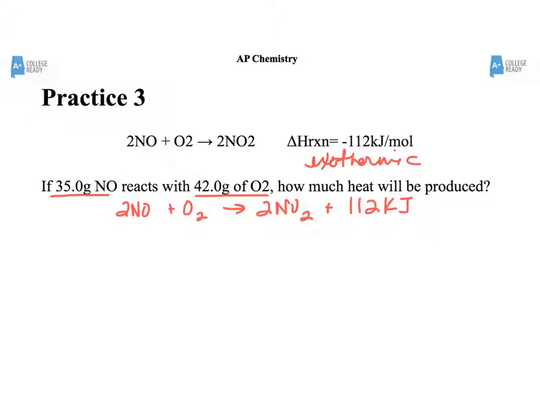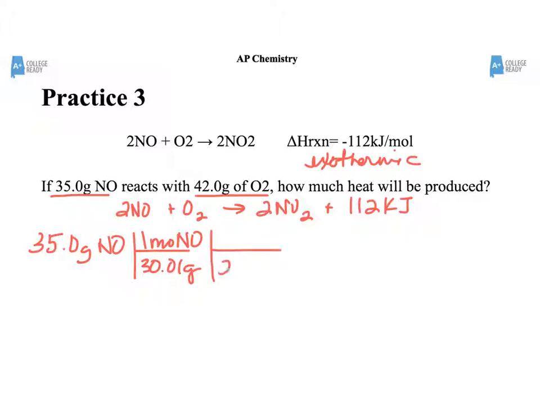So let's start with the 35 grams of nitrogen monoxide. Again, turn grams into moles, and it is 30.01 grams in a mole of nitrogen monoxide.